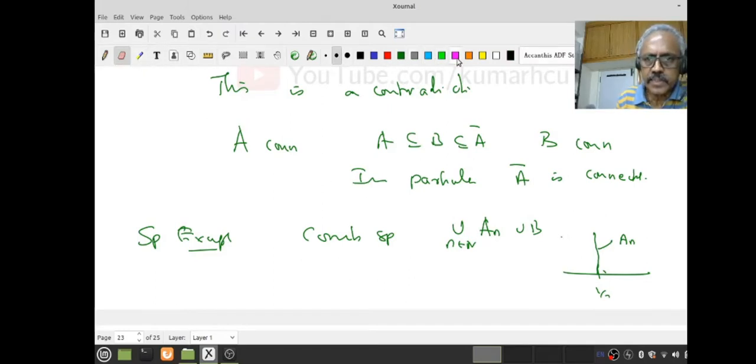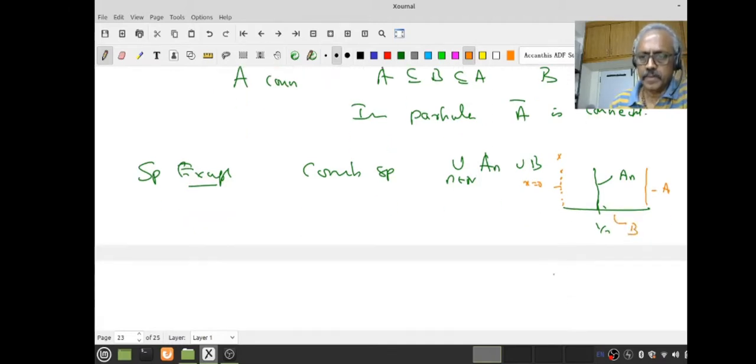This is x equal to 0, it's not there, right? So all these things are going to be there. And this is my B. Now call this A. It is the union of A_n, union B, n in N. We know this is connected.